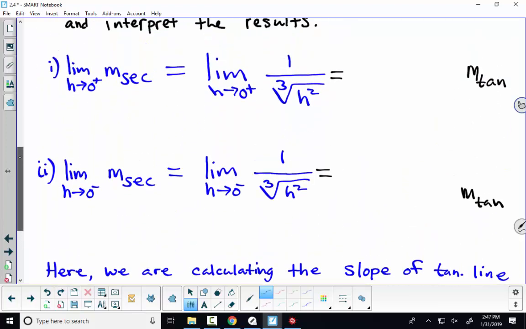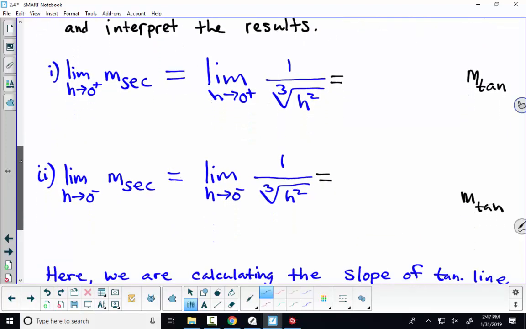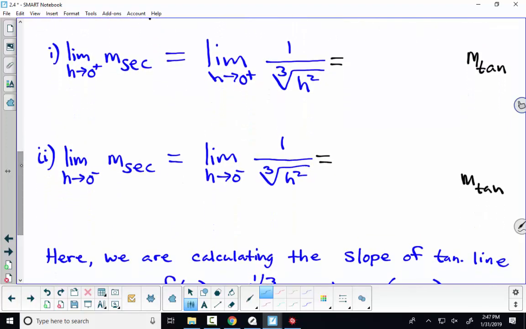So let's compute these limits. In other words, compute the slope of the tangent line on that function at the origin. As h approaches 0 from the right, what does 1 over the cube root of h squared approach? Positive infinity, what do y'all think?